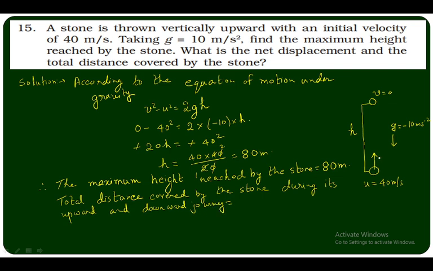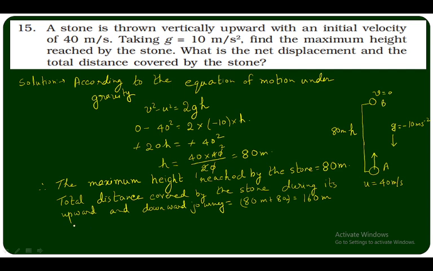From A to B it is 80 meter, and from B to A it is also 80 meter, that is 80 meter plus 80 meter, that is 160 meter. This is the distance, that is, the upward and downward journey.